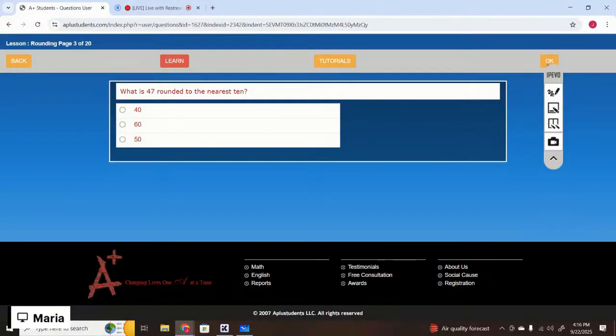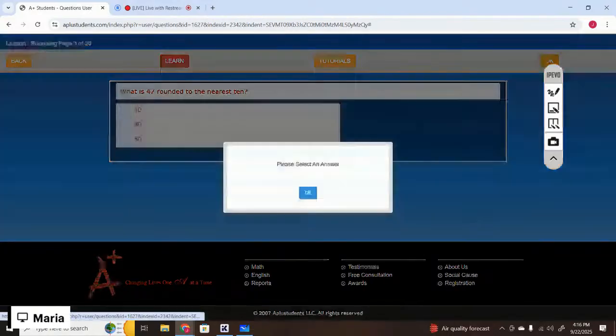Forty-seven is near to 50. Option number 3 is the correct option.